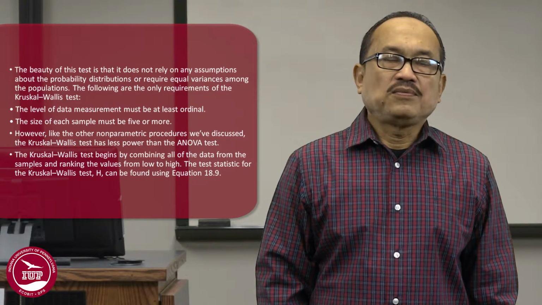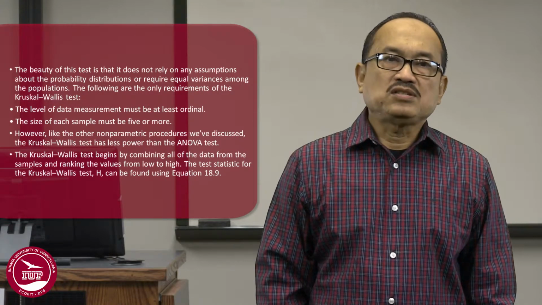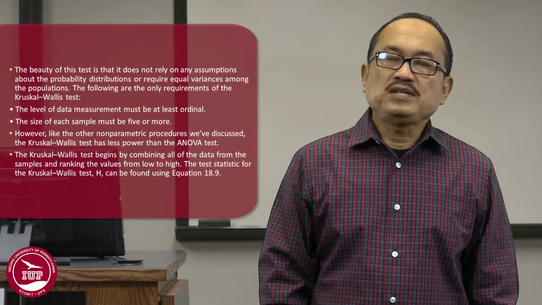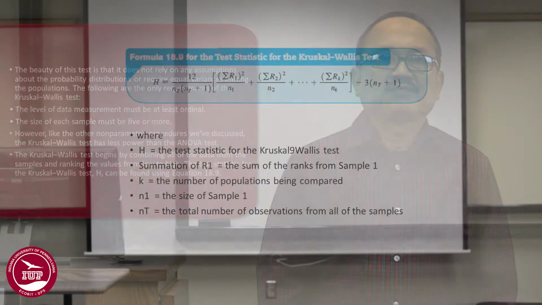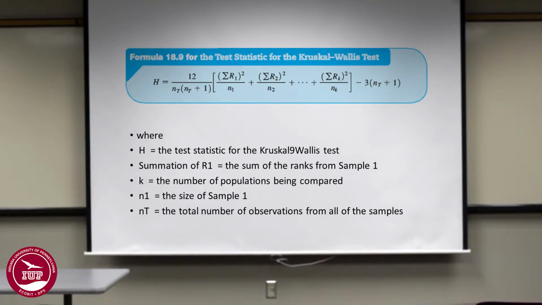The test statistic, H, can be found using equation 18.9, where the summation of R1 is the sum of the ranks from sample 1, k is the number of populations being compared, n1 is the size of sample 1, and nt is the total number of observations from all of the samples.